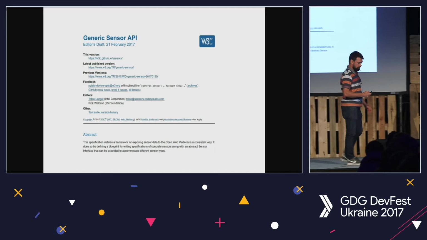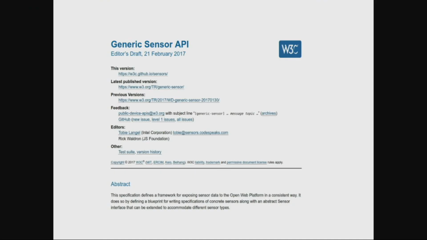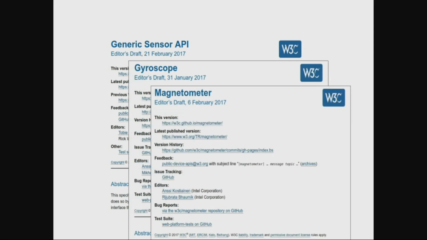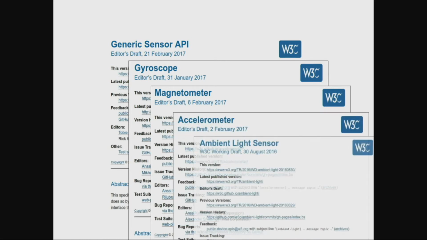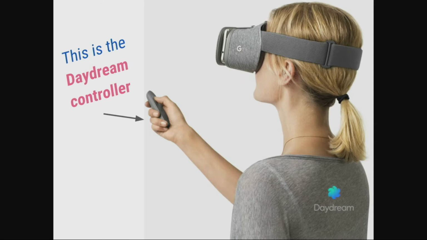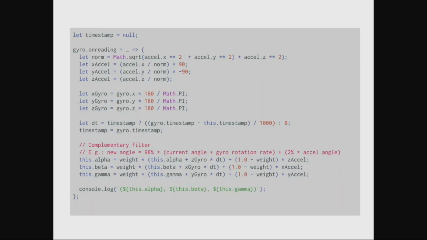So we worked on this and created a new standard called Generic Sensor API. On top of this, we started adding different sensors, like a gyroscope, a magnetometer, accelerometer, ambient light sensor, orientation sensor, and plenty more.